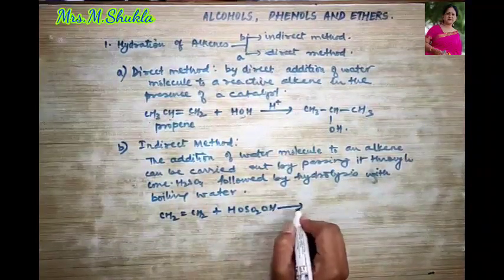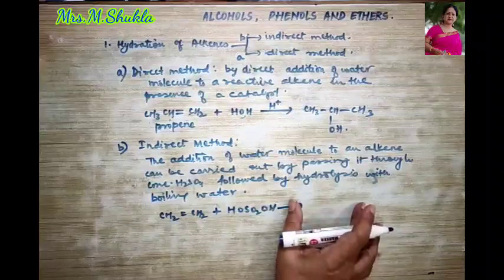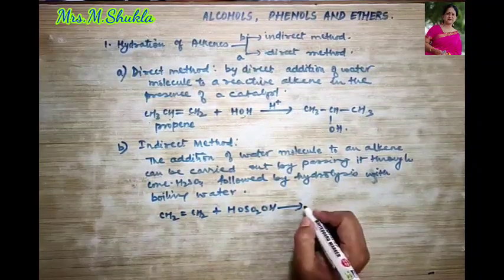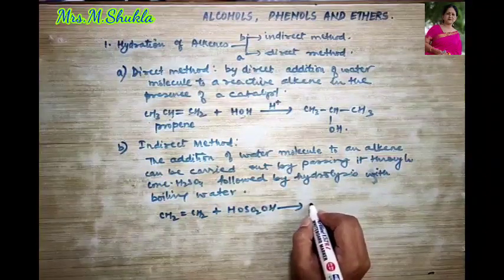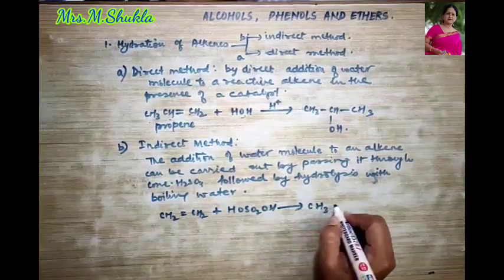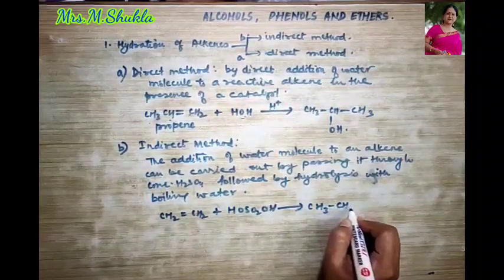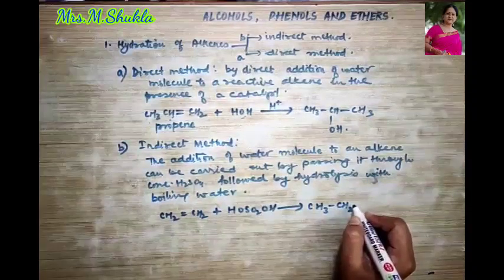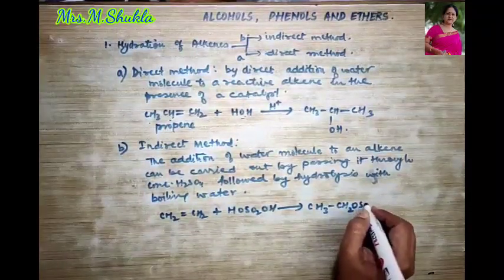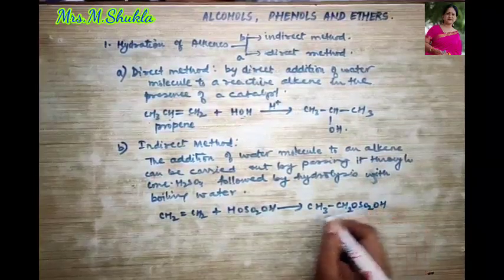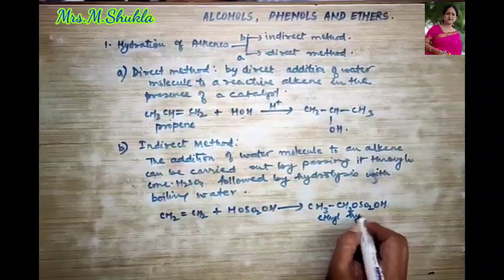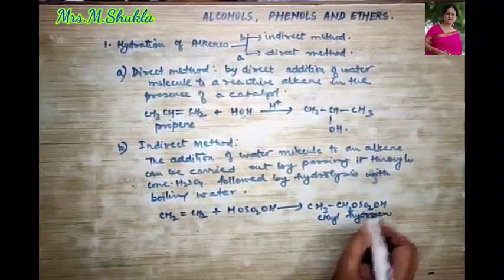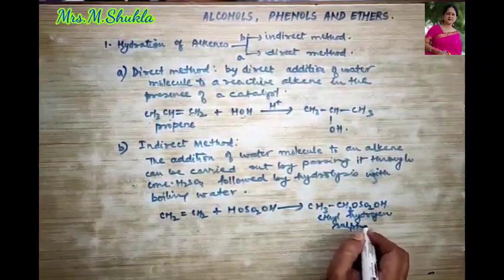H2SO4. Then in this case we get an intermediate compound which is called ethyl hydrogen sulfate, that is CH3CH2OSO2OH. This is your ethyl hydrogen sulfate.